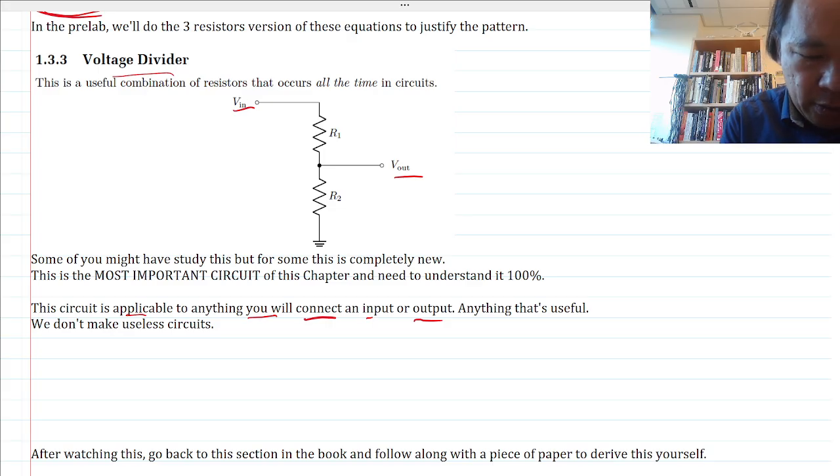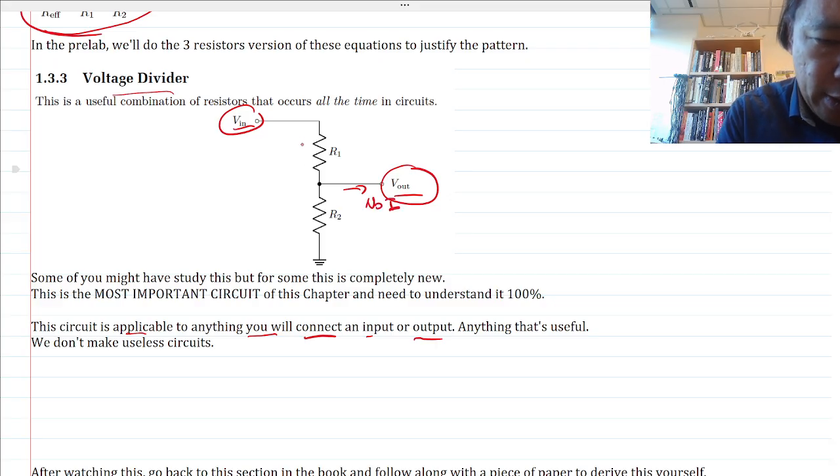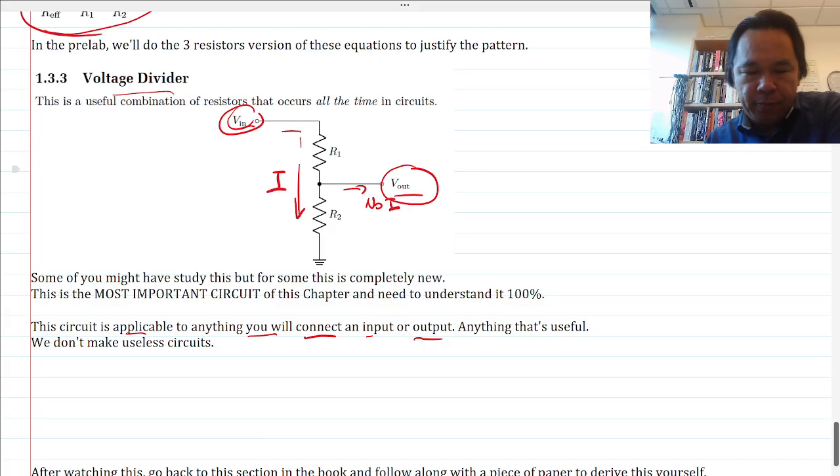What I'm going to do is derive the equation relating V out to V in. Once again, V out, when it's set up like that, is not connected to anything yet, so there's no current flowing out here. The only current flowing is from V in straight down through R1 and R2 into ground, and that's the only I we're going to be dealing with.